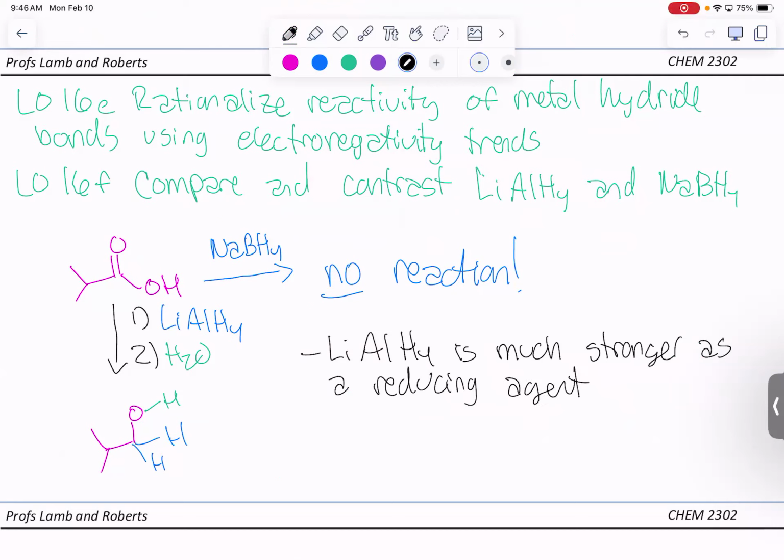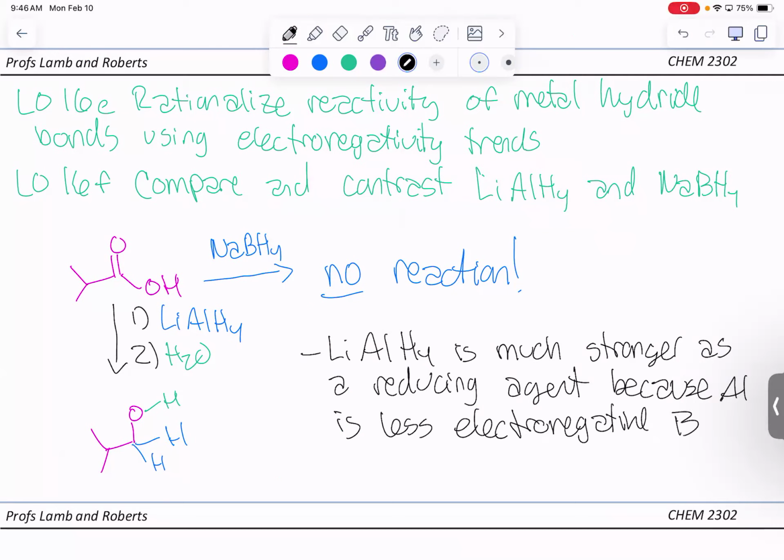And this is because aluminum is far less electronegative. It's less electronegative than boron, right?